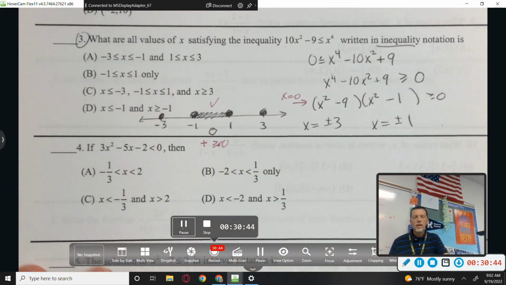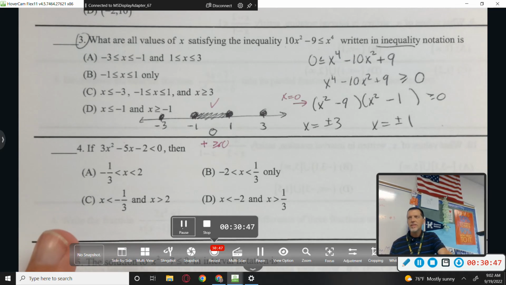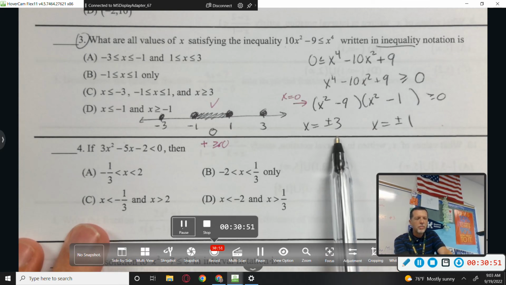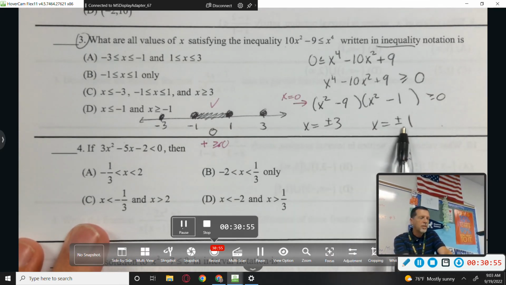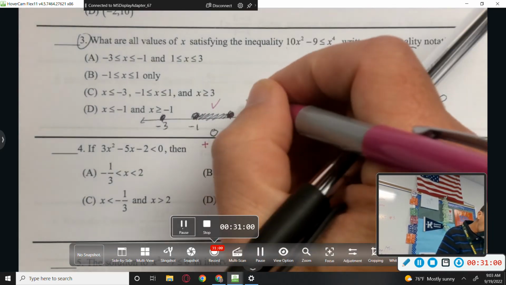Were there any double roots in this? No, it's maybe tricky, but plus or minus 3, that's not a double root. That's 2 separate roots. Plus or minus 1, that's not a double root, that's 2 separate roots. So I'm okay to alternate.